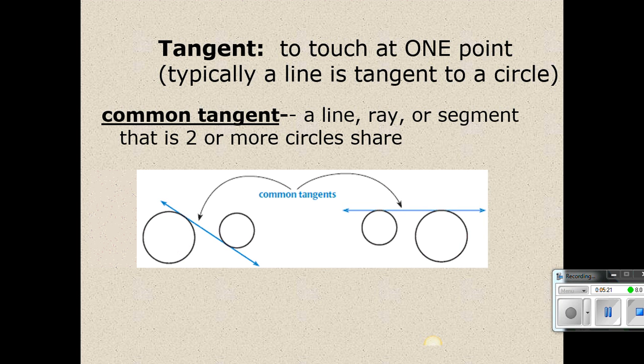Okay, so if I were to draw two circles here, this would be called a common tangent because this tangent goes through at that point, and this tangent also touches another circle. So that would be called a common tangent. This tangent is a common tangent because it touches the smaller circle and the larger circle, and it's one line, so it would be called a common tangent.